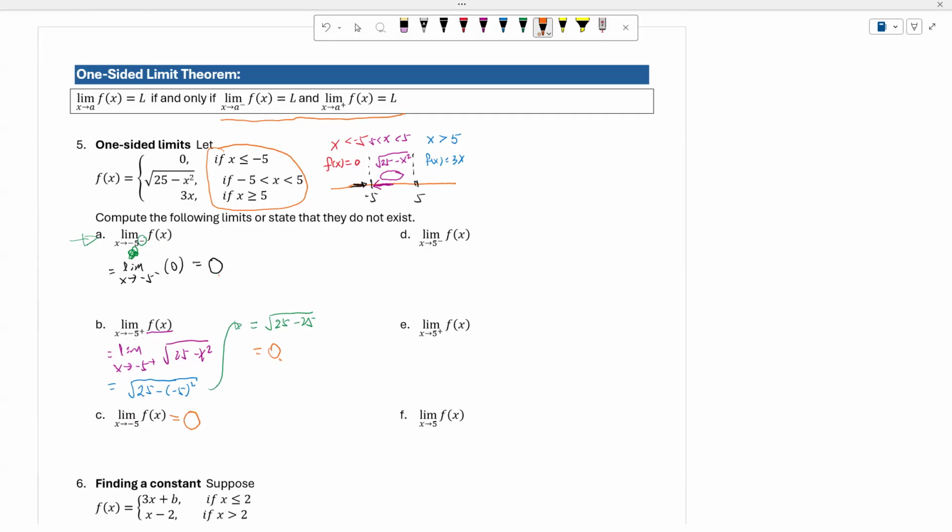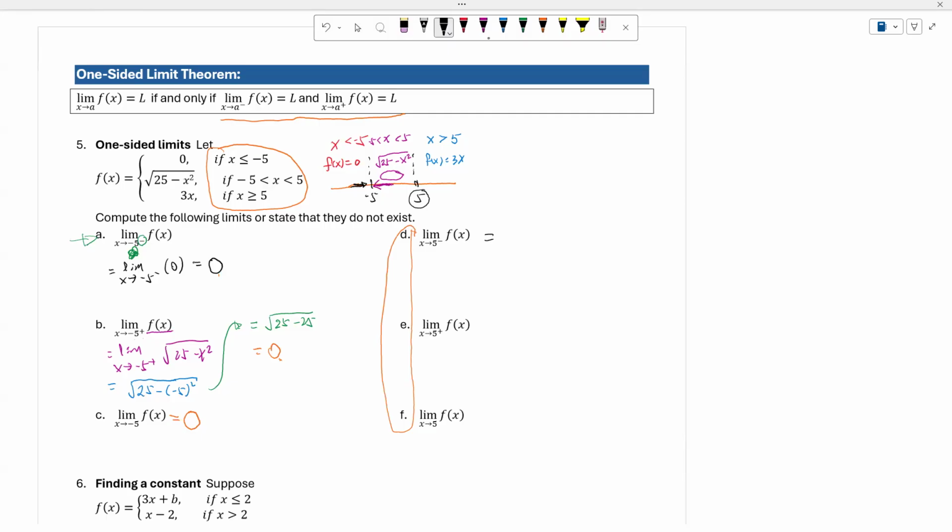So now try to see if you could actually work with D, E, and F, right? Now, when I work with the limit as x approaches 5, right now we look at 5.